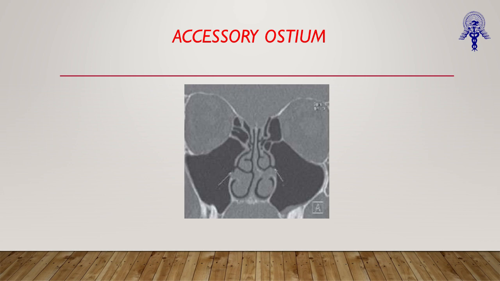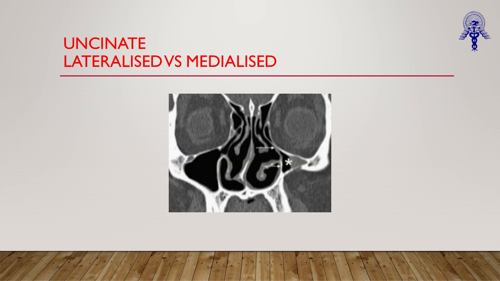Next, you can also see the accessory ostium, which is not seen in a very routine scan but in a very good quality scan. You will see the difference: here the uncinate process is attached to this area above the middle turbinate, because as we know, the uncinate process horizontally attaches to the middle, inferior turbinate, sorry.